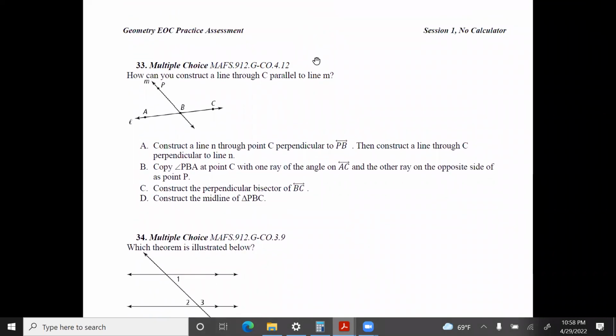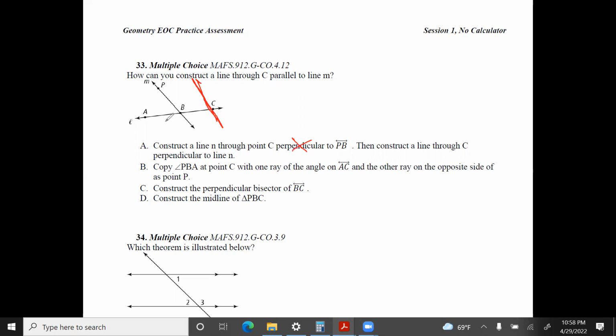We have to do these one at a time. All right, 33. How can you construct a line through C parallel to line M? All right, so they're looking for a line to be over here, parallel to that one. Now, we could do a lot of things with the different parts of these angles in order to ensure that they're correct. First, it says construct a line through point C, perpendicular to PB.